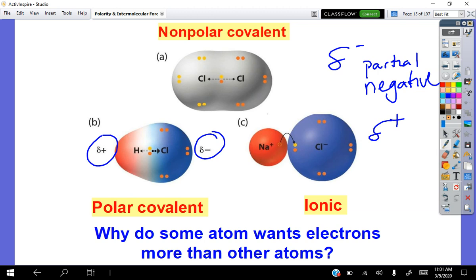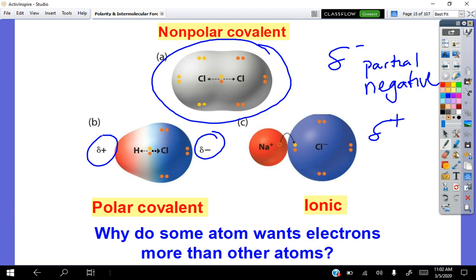When there's equal sharing, that electron cloud around the molecule is evenly dispersed. But in a polar covalent bond, we have unequal sharing. The bulk of the electrons in that molecule is going to shift to one side of your atom. So the side where more electrons occur will get a partial negative, and the side where fewer electrons are will get a partial positive.